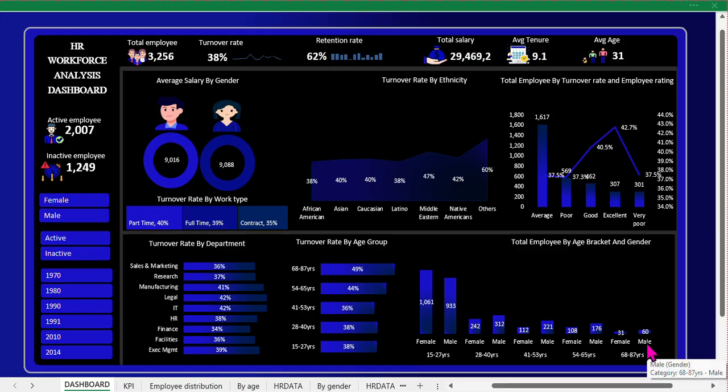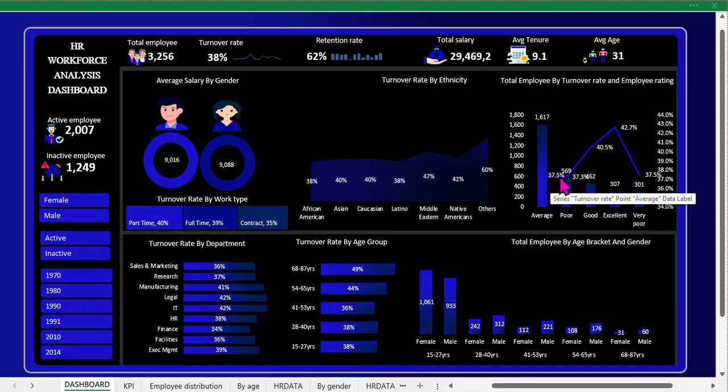Now we have our last chart here, which is the total employees by turnover rate and employee rating. This is how the employees rated. People that rated average are 1,617 in number, and their turnover rate is 37.5%.